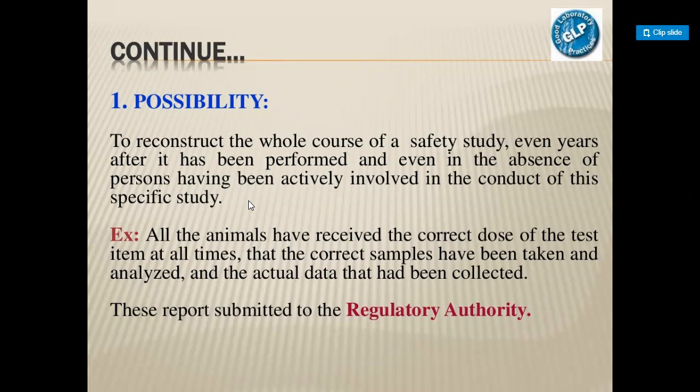Reconstruct the whole course of the safety study, even years after it has been performed, and even in the absence of persons having been actively involved in the conduct of this specific study.